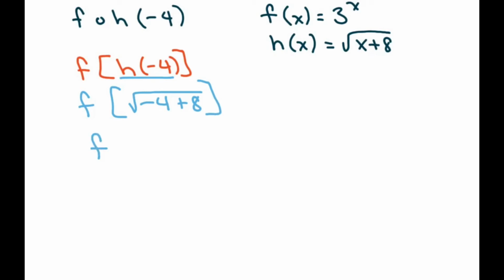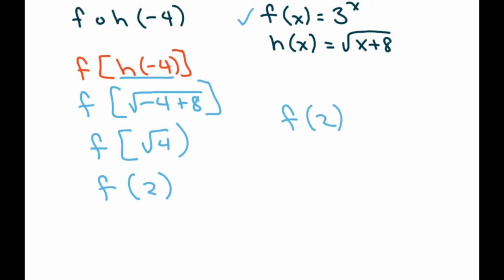So that's going to be the square root of 4, which is 2. Now I want to do f of 2, and I just plug it in there. f of 2 equals 3 squared. I put the 2 in, and that equals 9. So this whole thing equals 9.